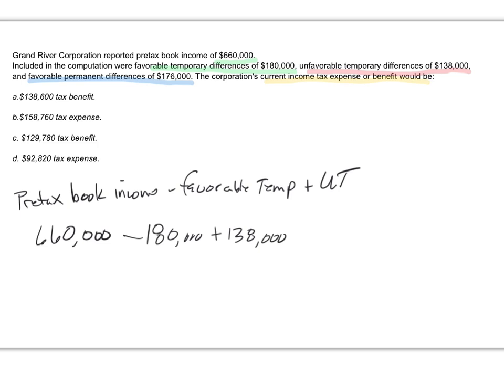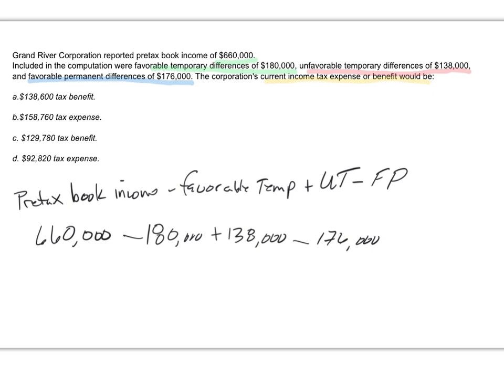And now we have favorable permanent differences. If we have favorable permanent differences, we subtract our favorable permanent, and that is 176.